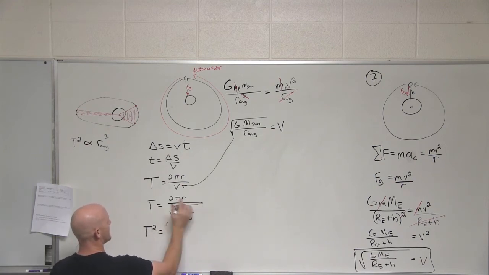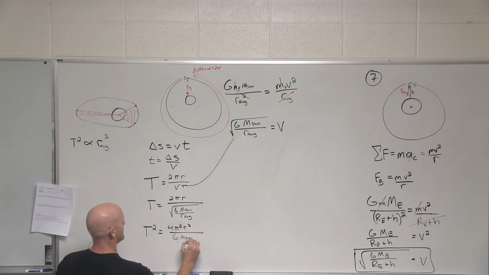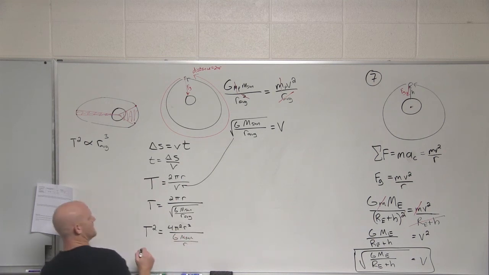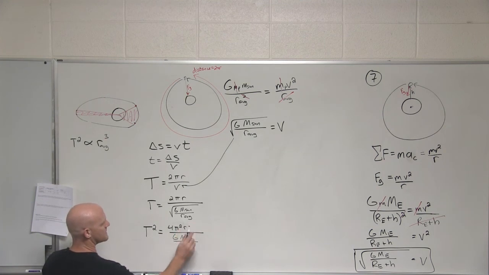T squared is 4 pi squared r squared all over G, mass of the sun, over r. And if you notice, dividing by something over r is the same thing as multiplying by r. So I'll get rid of it and make this r cubed.